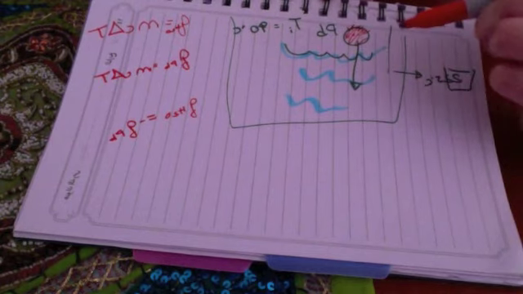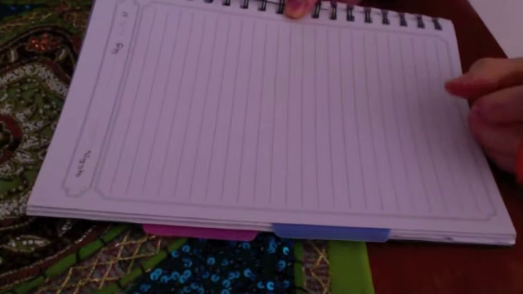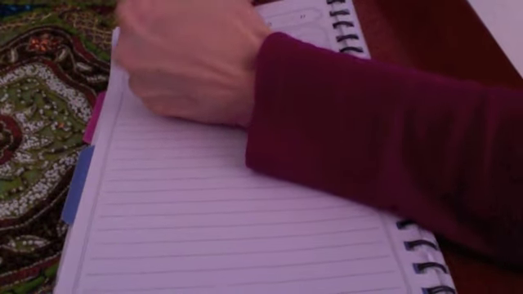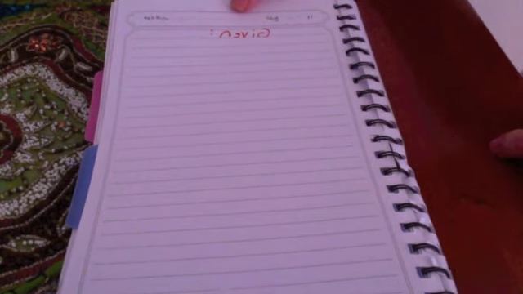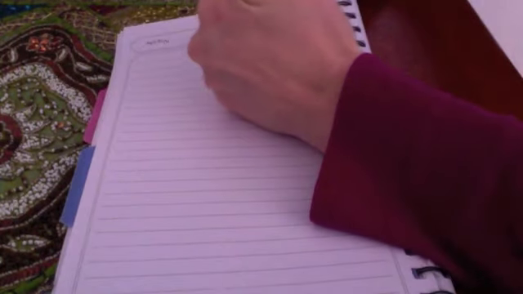So keeping this in mind now, I'm going to turn the page and we're going to get started with the example. Ooh, I just tore the page. Okay. What they give us in this example is the mass of the lead.